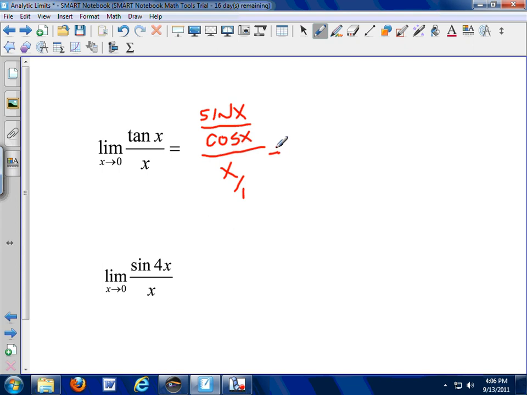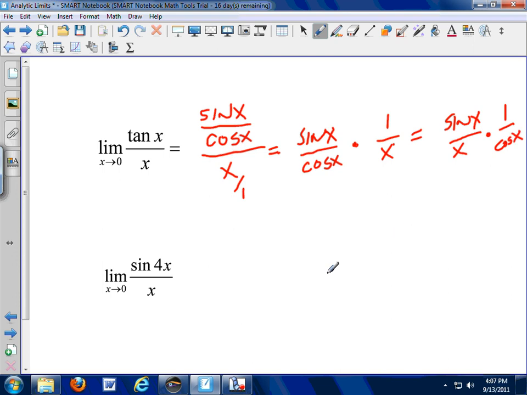So I'm going to rewrite this as sine x over cosine x times 1 over x. Division, invert, and multiply. I'm going to rearrange that so it's the sine of x over x times 1 over the cosine of x.